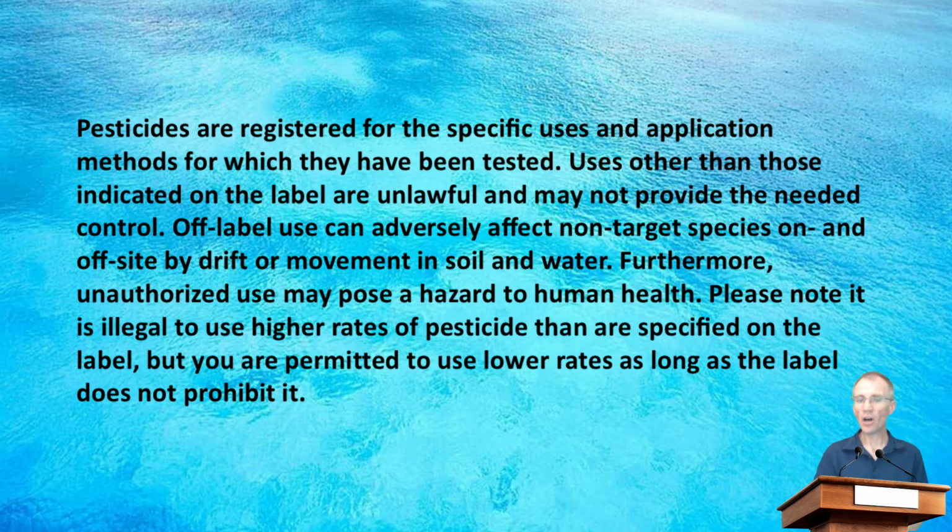Furthermore, unauthorized use may pose a hazard to human health. Please note, it is illegal to use higher rates of pesticide than are specified on the label, but you are permitted to use lower rates as long as the label does not prohibit it.